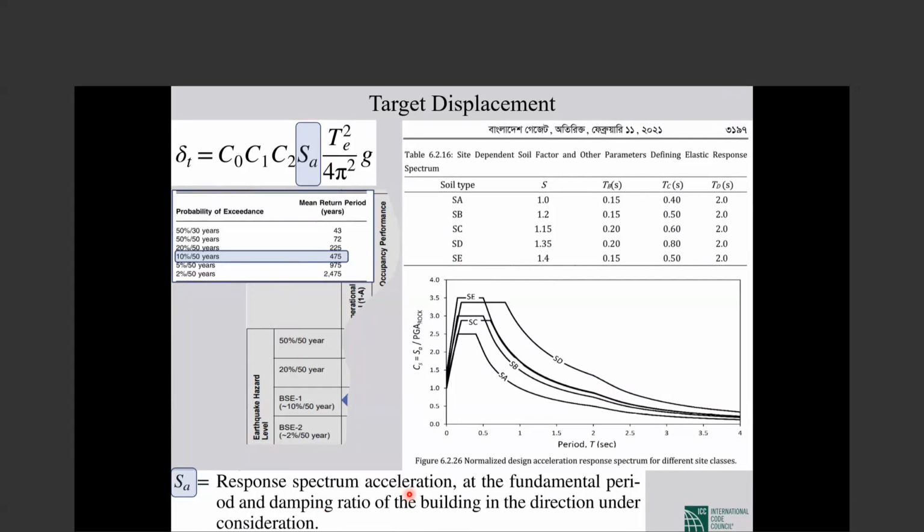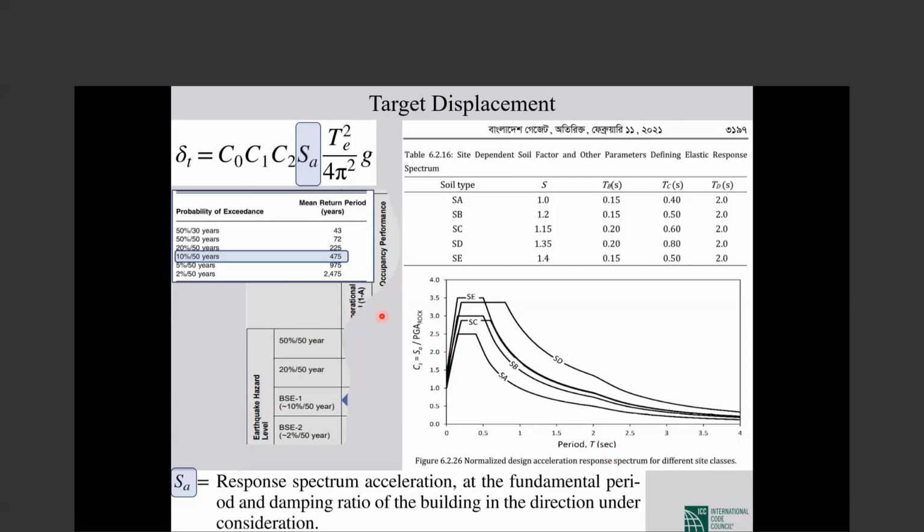Or they say you yourself go and calculate that based on a site-specific hazard analysis. Or just use the BMBC curves, response spectrum curves for this level of earthquake, the design level earthquake. It is good enough.